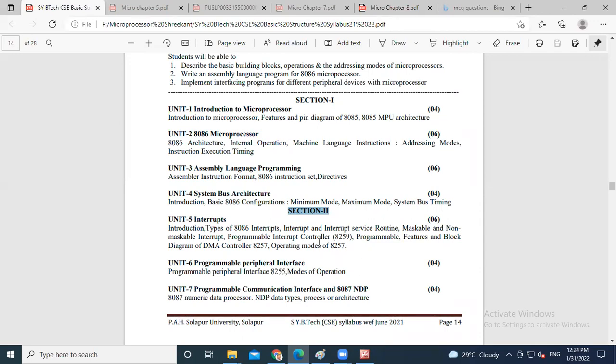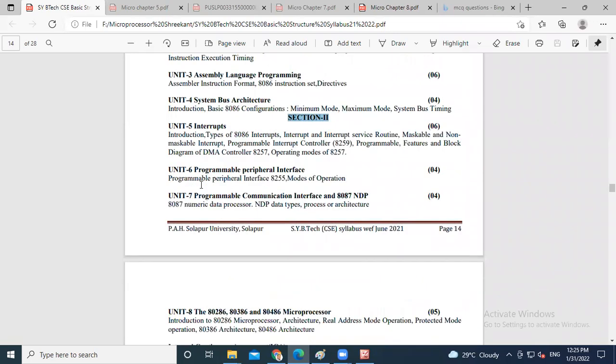We studied their architecture, block diagram, explanation and working functionality. In unit number 6, we studied the 8255 block diagram, architecture, internal operations and modes of operation. And in unit number 7, we studied the communication interface with the 8087 numeric data processor.